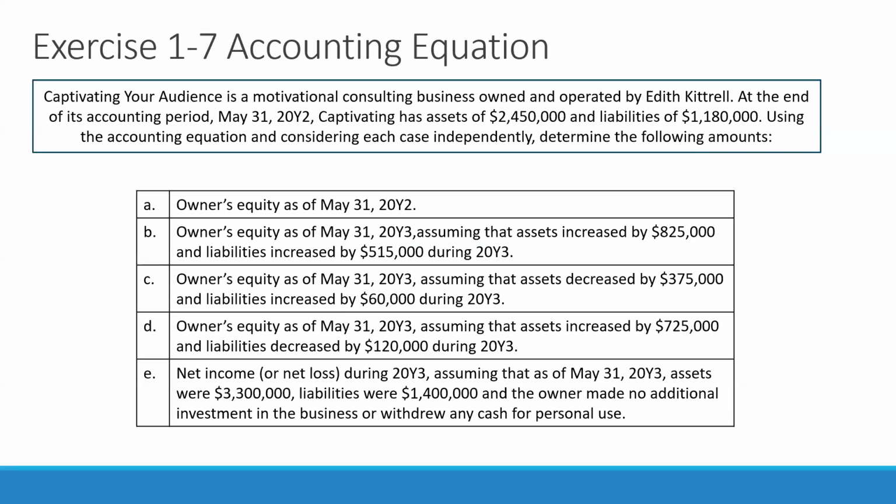So Captivating Your Audience is a motivational consulting business operated by Edith. At the end of the period, assets are $2.45 million, liabilities are $1.18 million. Determine each of these independently. So owner's equity, we would determine by subtracting assets minus liabilities.